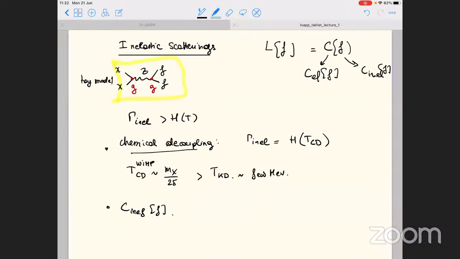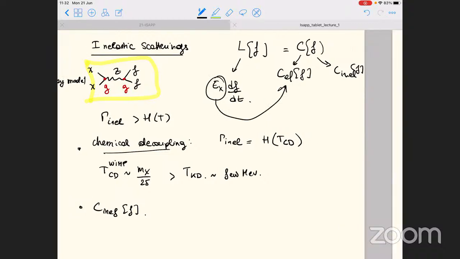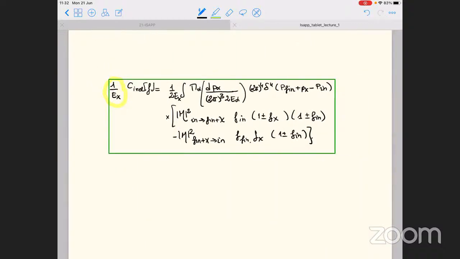Because here, if you remember, I had E chi times df divided by dt, and essentially I'm taking this 1 over E and putting it on the other side of the equality. So I'm usually going to write 1 over E times the collision term.